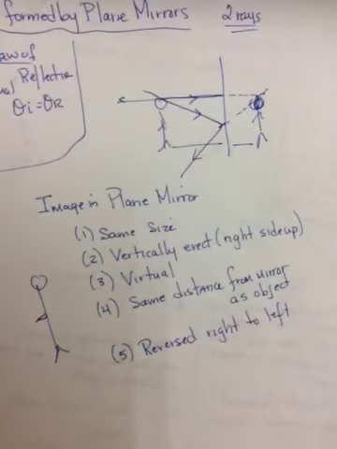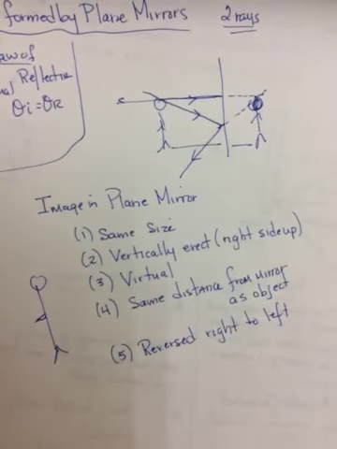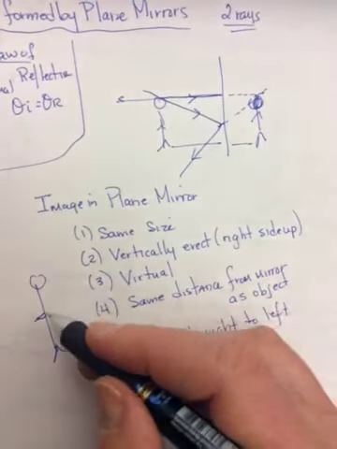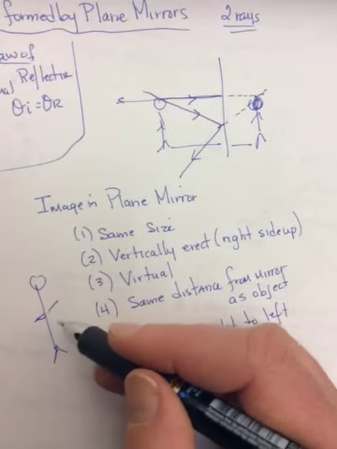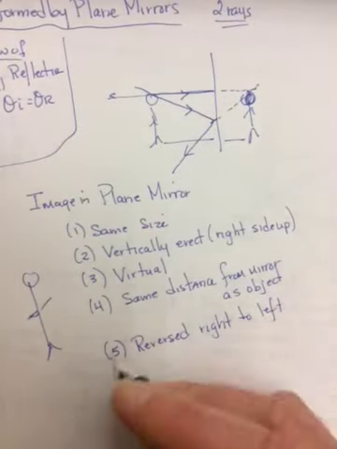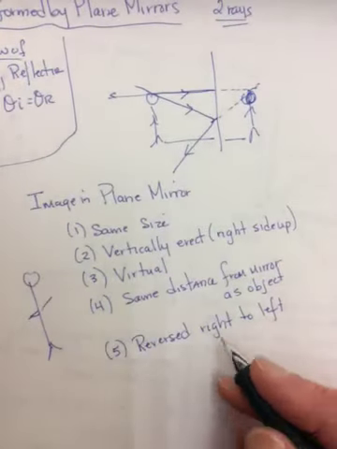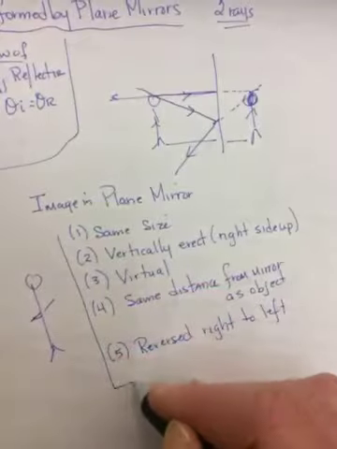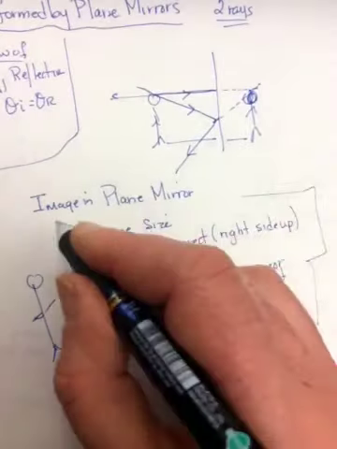That's why it's so hard to put on a corsage or braid your hair in the mirror. You can't keep track of which hand is doing what, because it looks like your left hand and it's really your right. So these are the characteristics of a plane mirror.